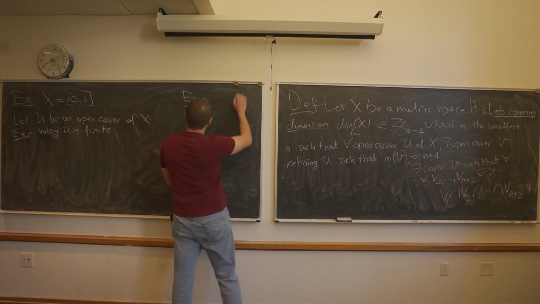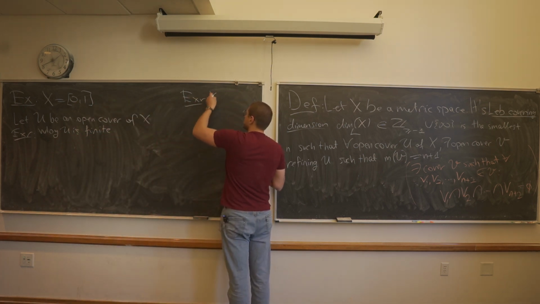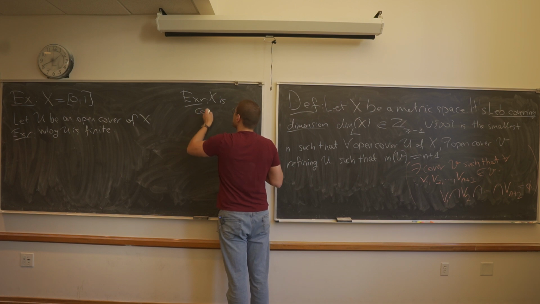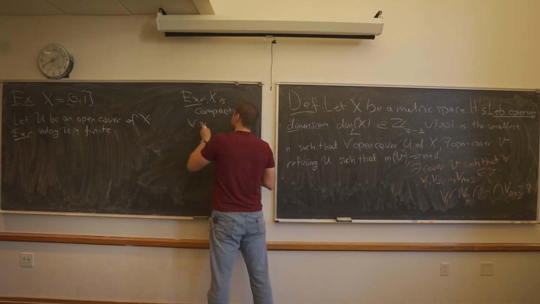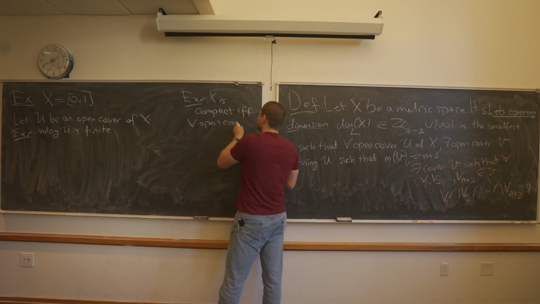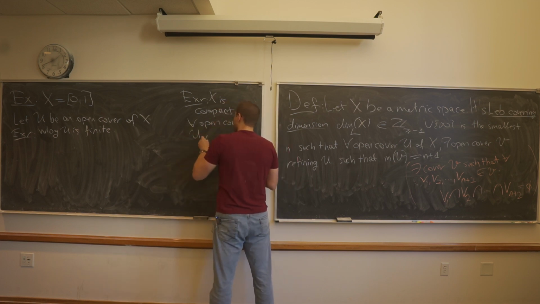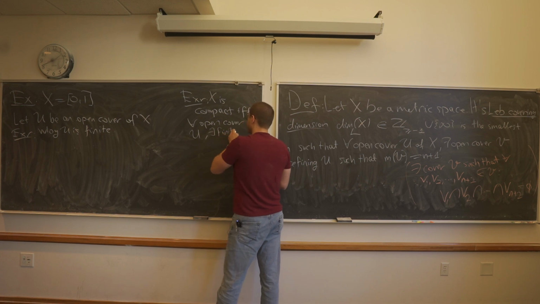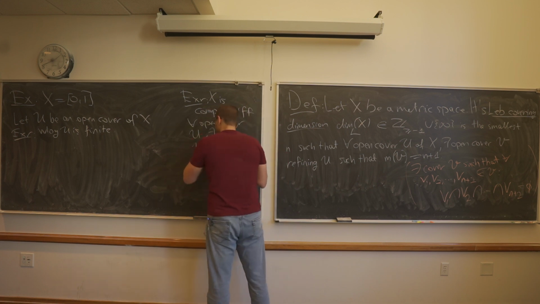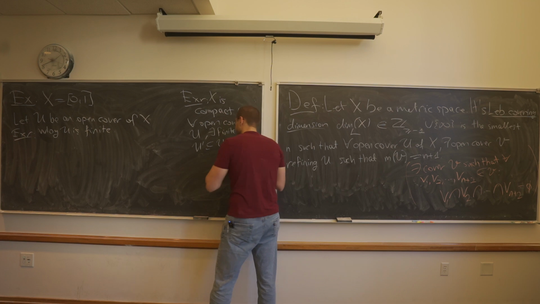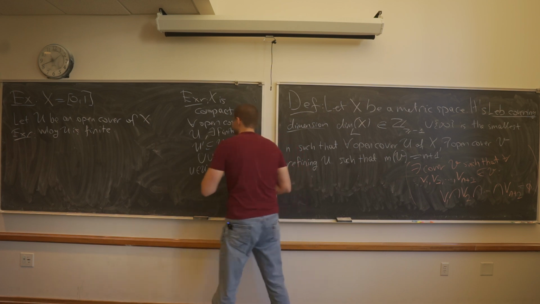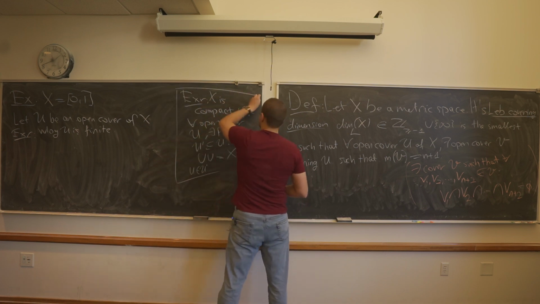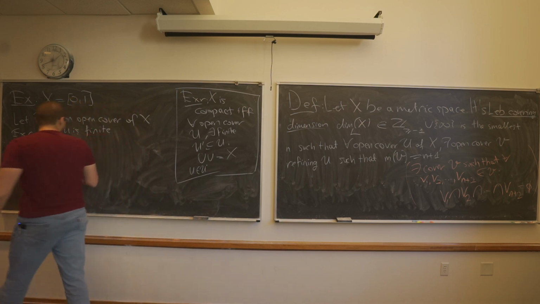And that's an equivalent condition for compactness. So there's a finite U prime, which is a subset of U, such that the cells only in U prime still form a cover. So I can assume that U is finite.